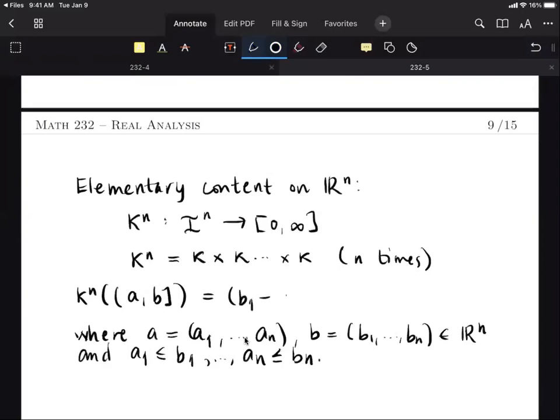So this would be B1 minus A1. You take the product until Bn minus An. And that will be your elementary content on Rn.